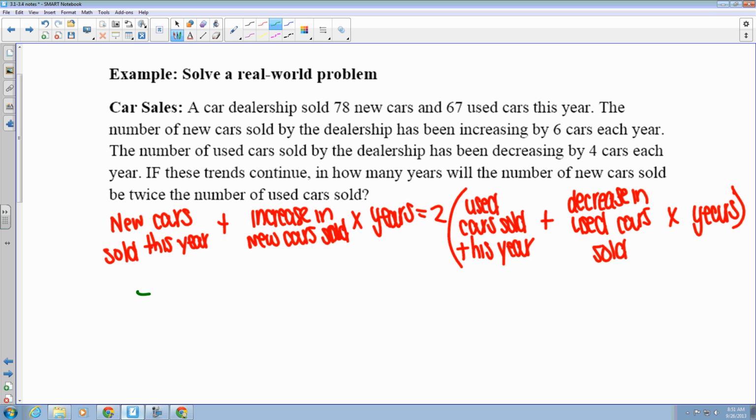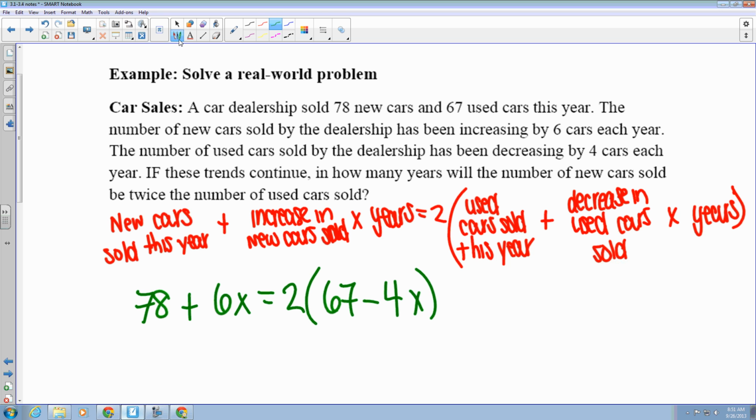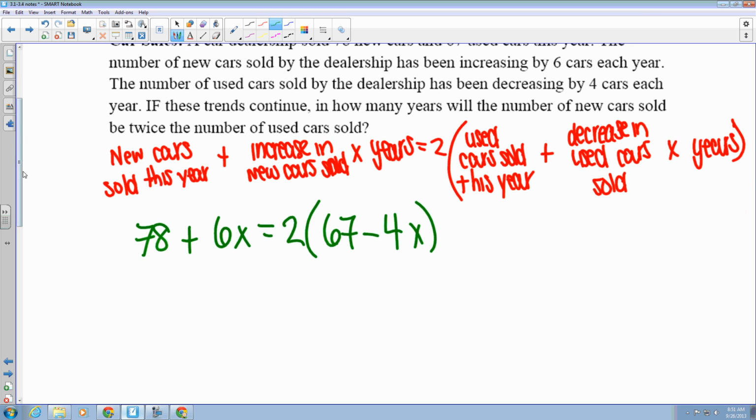New cars sold this year was 78. Our increase is 6 times the number of years, which is x, equals 2 times the used cars sold, which is 67, minus 4, because it's decreasing, or plus negative 4, either way. So we need to distribute that 2 into the parentheses on the right side.